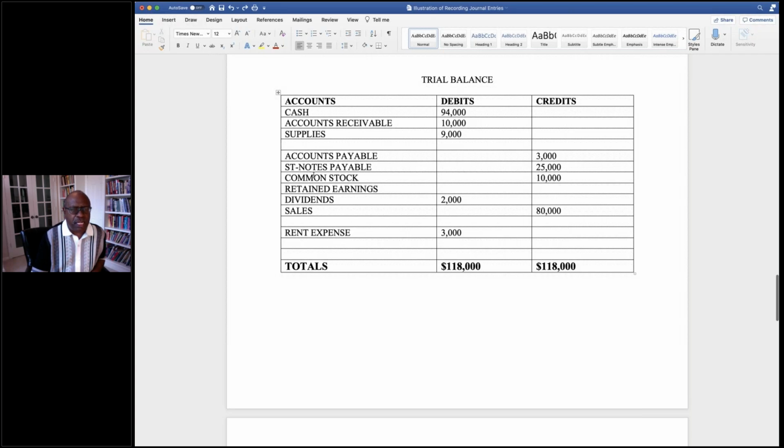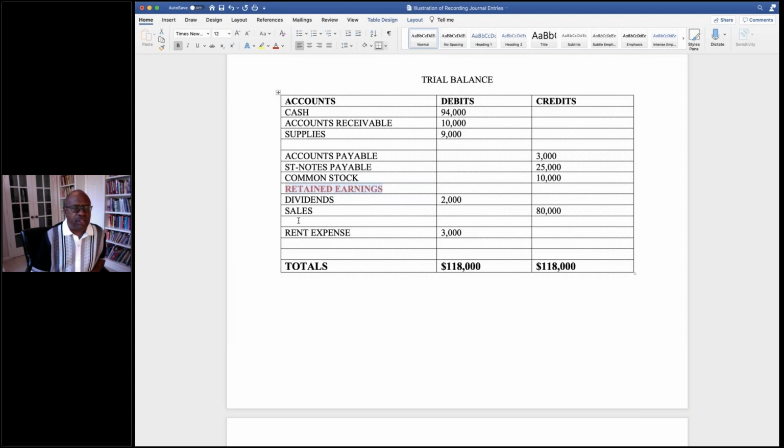I've added an account in here, retained earnings, because we're going to be looking at how much of the earnings we retain in the business. So we do have a new account here called retained earnings. And so I'm going to bold that account and put it in red.